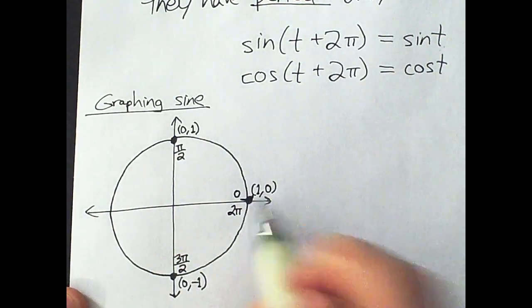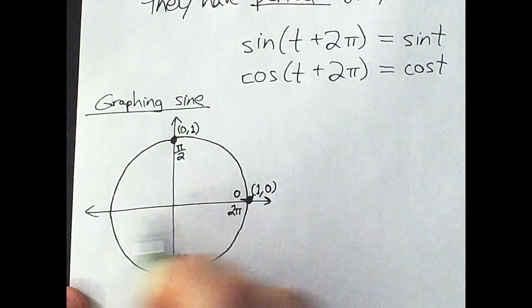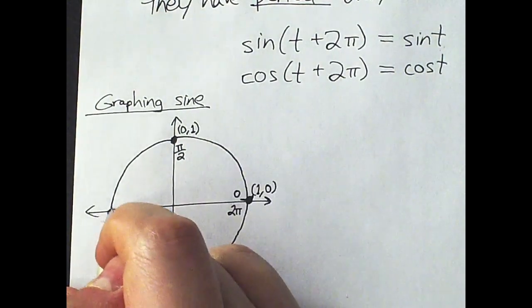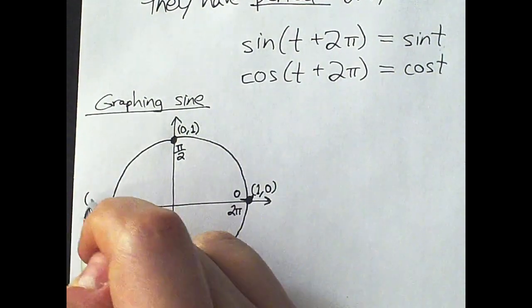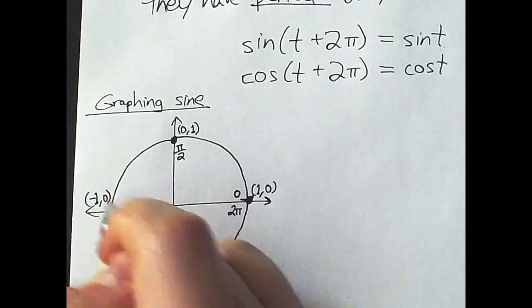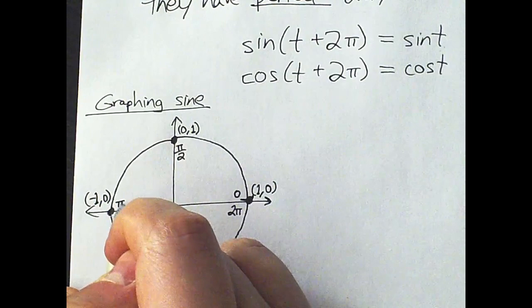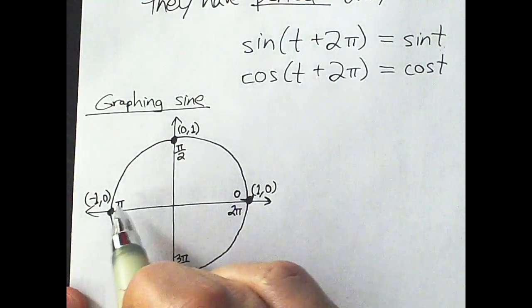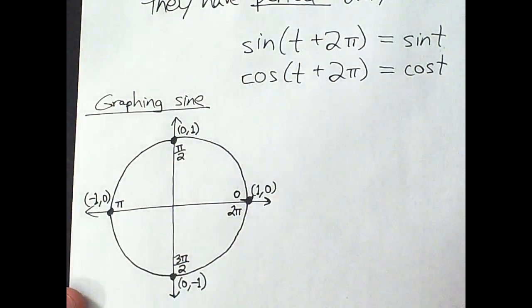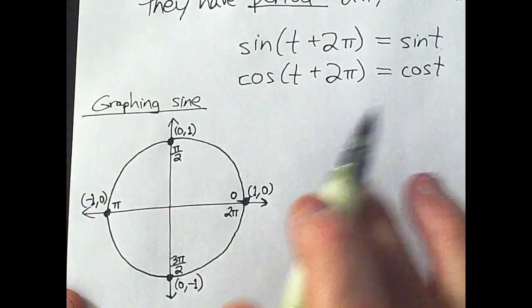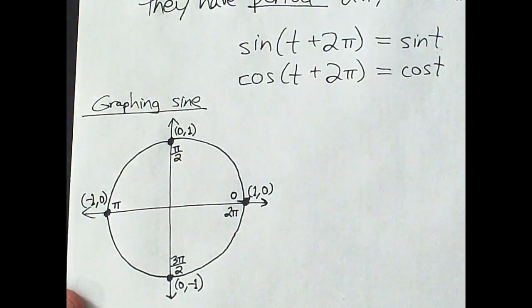They both get us to that same terminal point. There's also another place over here at the point -1, 0, which happens to correspond to t equals pi. Sine of pi is going to equal 0.